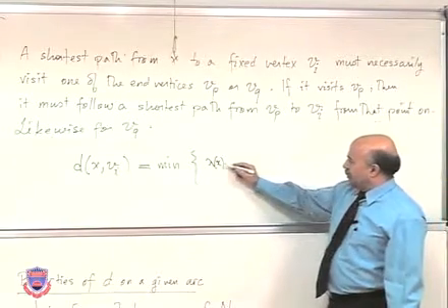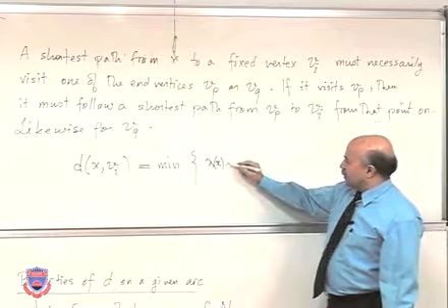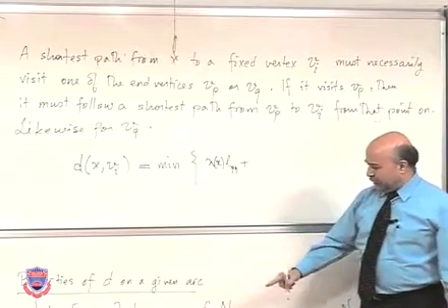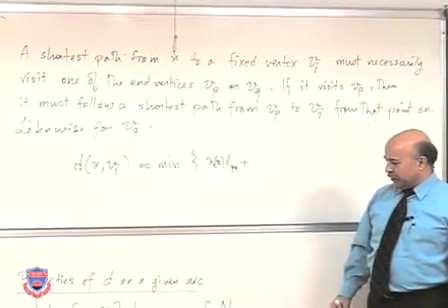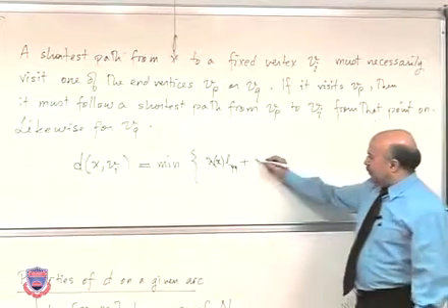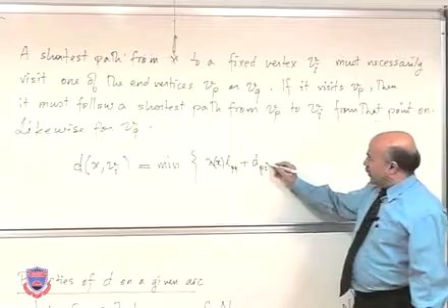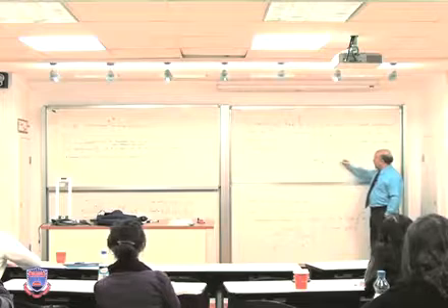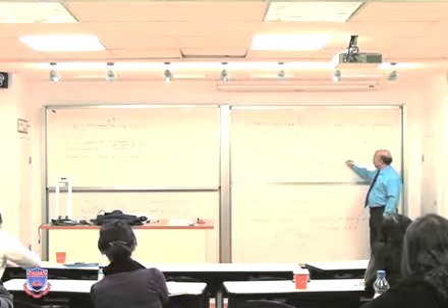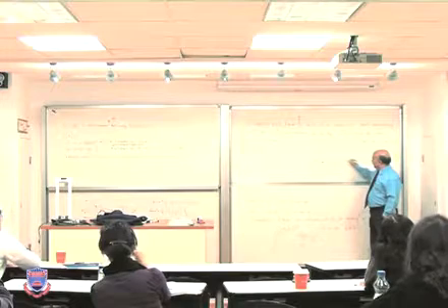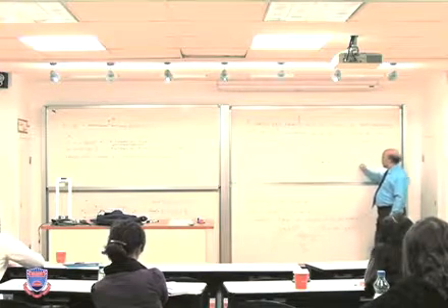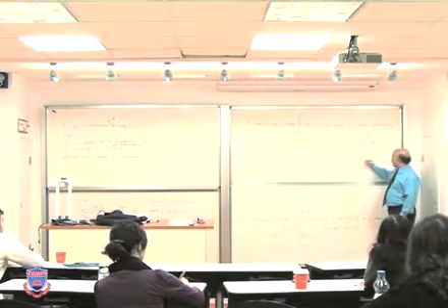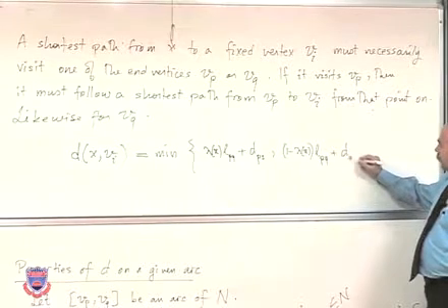So that's going to be lambda x times Lpq, plus, from p, I move along a shortest path connecting vp to vi. So that's going to be dpi. That's my first shortest possible path if I first visit vp. The other one is, of course, (1 minus lambda x) times the length of the arc Lpq plus the distance from q to i.